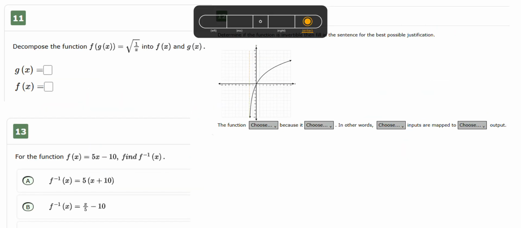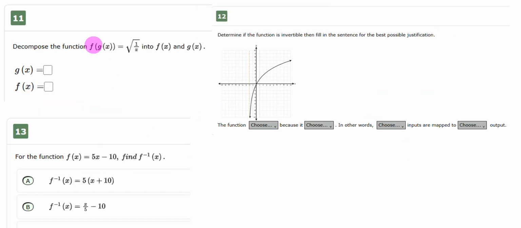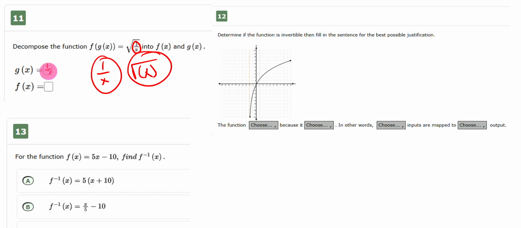Okay. So now we're looking for g and f of x. There's a little function 1 over x inside a big thing. So this is going to be g and this is going to be f. So g of x is 1 over x. F of x is the square root of x.